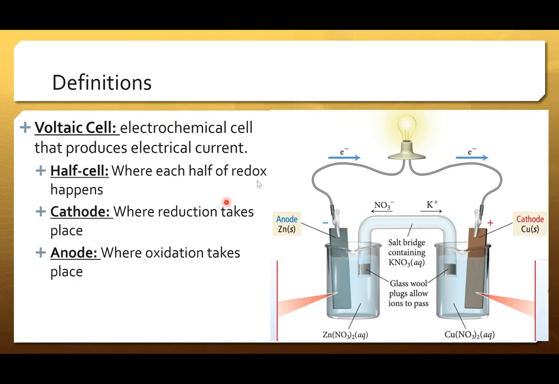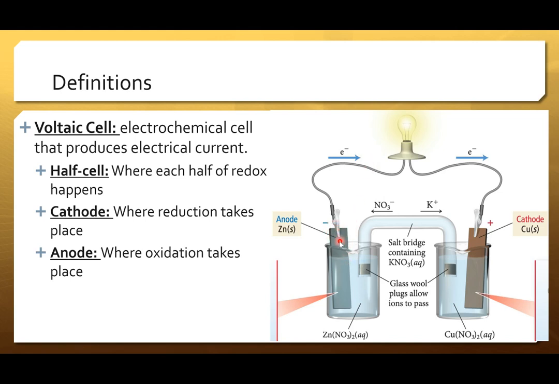Cathode is going to be where the reduction takes place. Anode is going to be where the oxidation takes place. Okay? So anode: oxidation, loses electrons, oxidized. So our anode is going to be where electrons escape, where we lose our electrons.